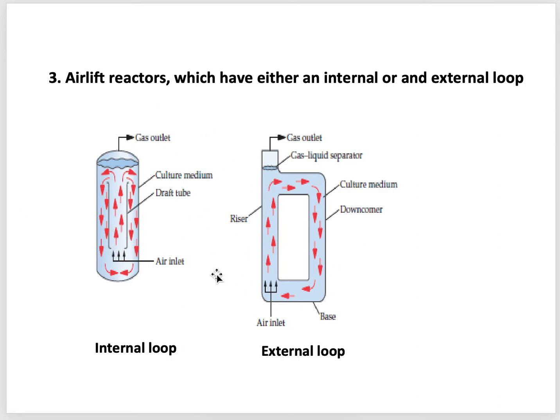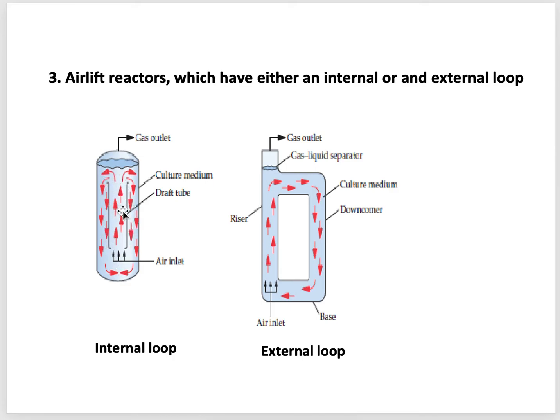If you look at this figure, it will be easier to understand. Air is injected from here, goes upward, then goes down here, and again goes upward. It creates a mixing. Actually, can you see this line?